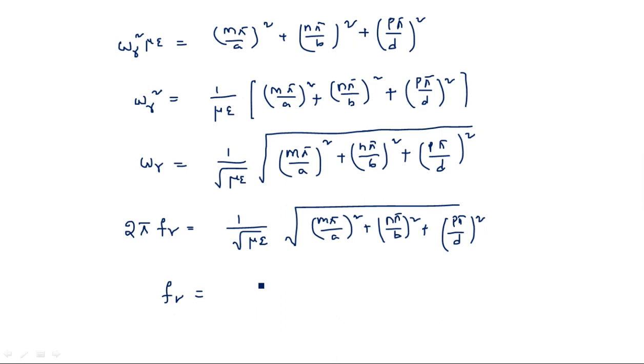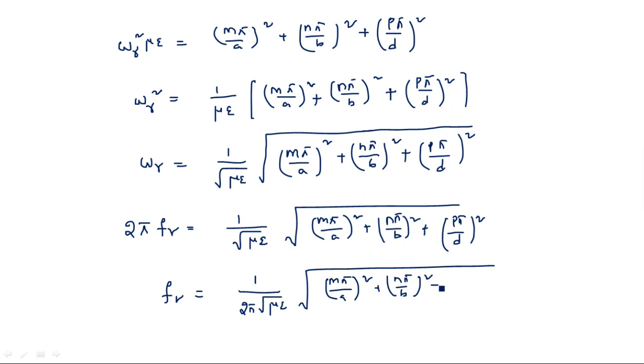So fr is equal to 1 by 2 pi root mu epsilon into this one, m pi by a whole square plus n pi by b whole square plus p pi by d whole square.